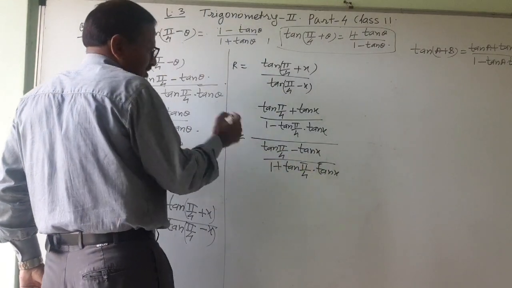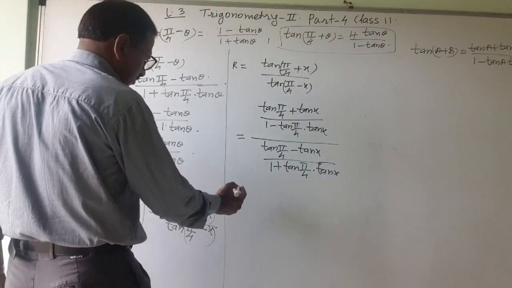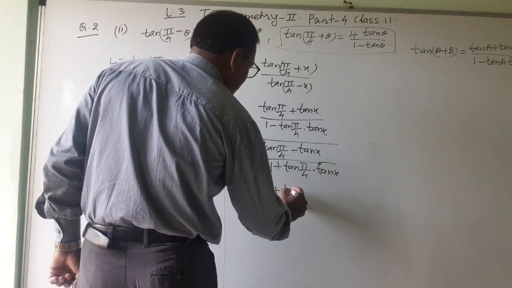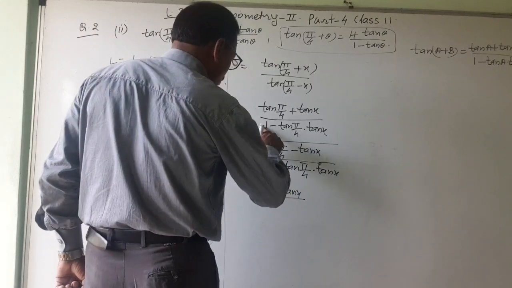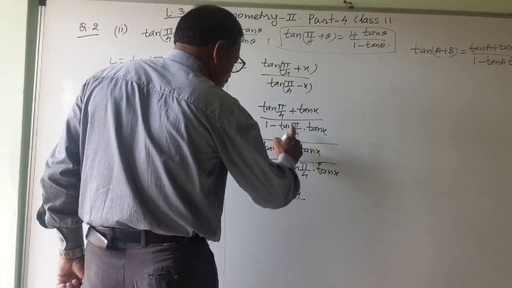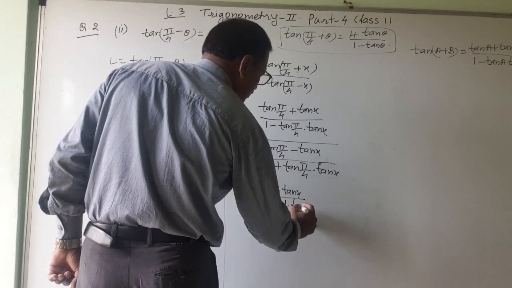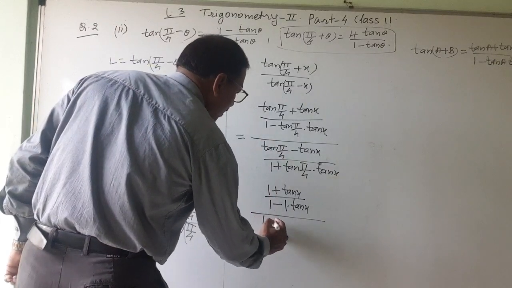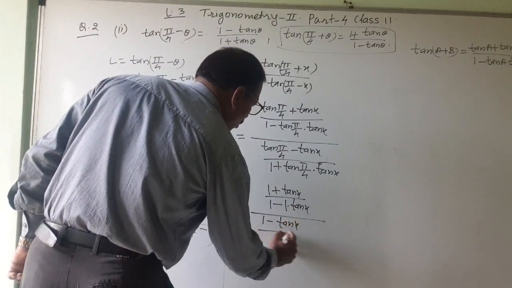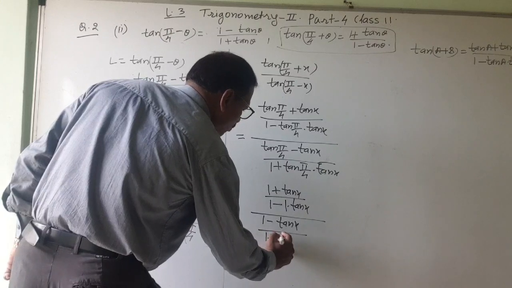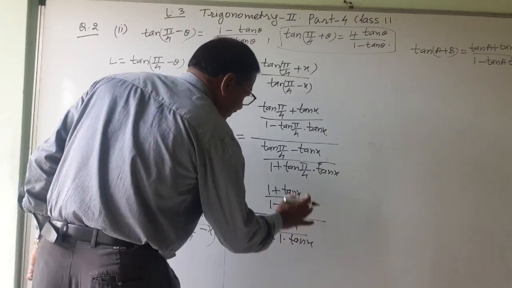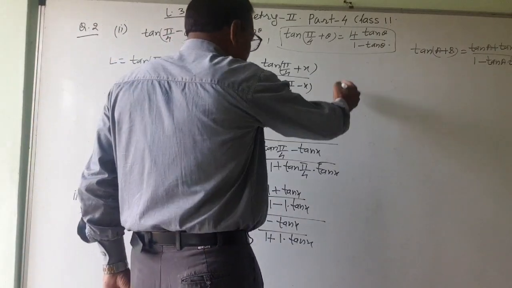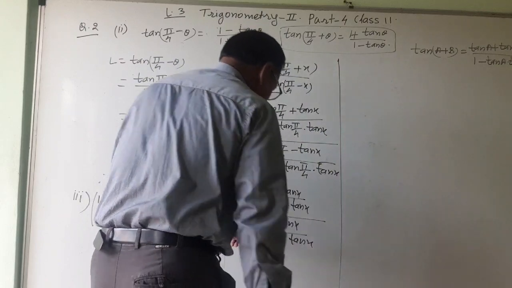Now I will give the equal to sign. Therefore, tan of pi by 4 is 1, plus tan of x upon 1 minus 1 into tan x, upon 1 minus tan x upon 1 plus 1 into tan x. This much is this equal to. Now what is meant by this divided by?